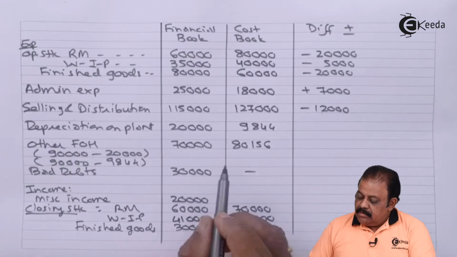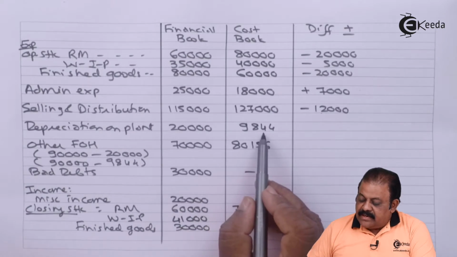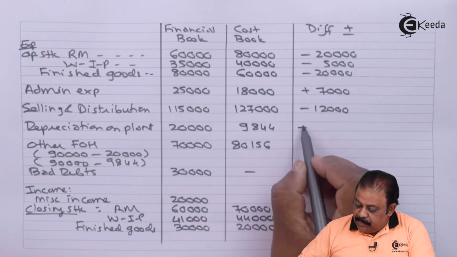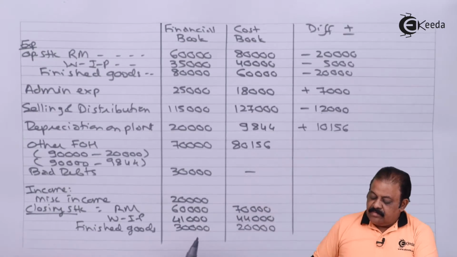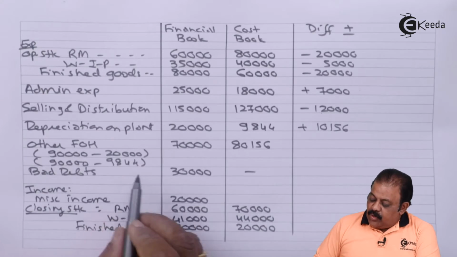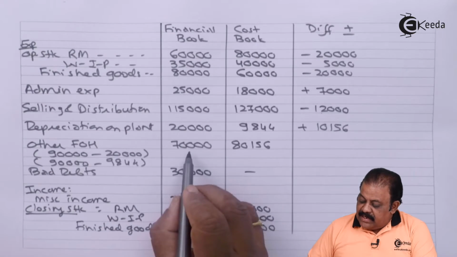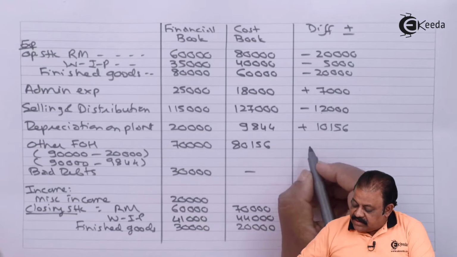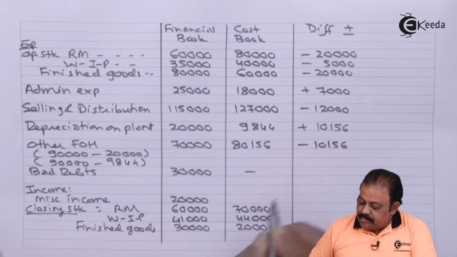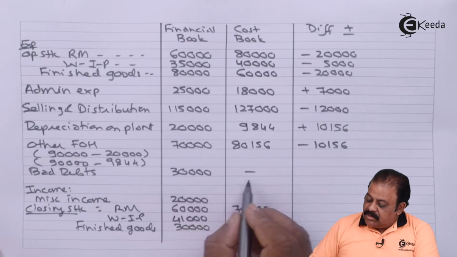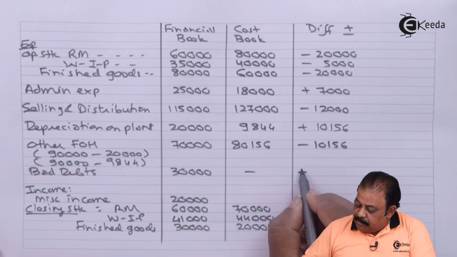Depreciation on plant 20,000, 9,844. So it will be plus 10,156. Other factory overheads 70,000 minus 80,156. So it will be minus 10,156. Bad debts 30,000 minus 0. So it will be plus 30,000.